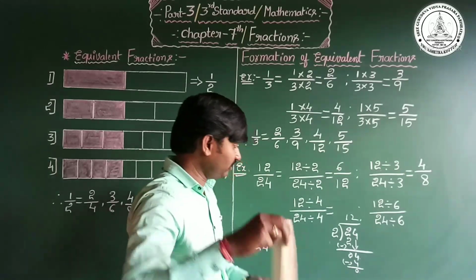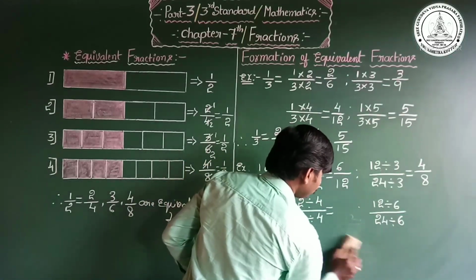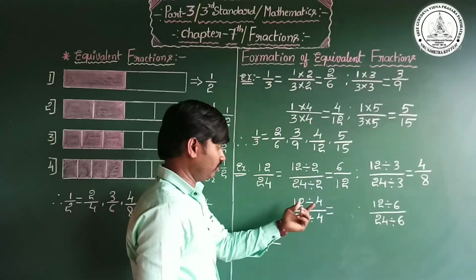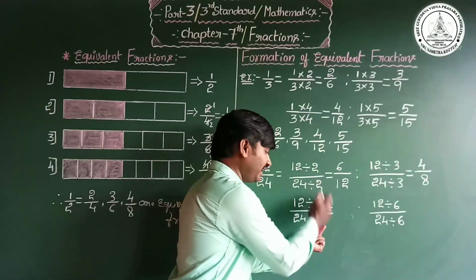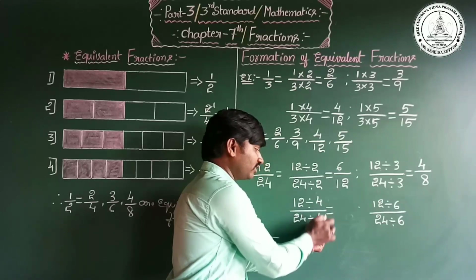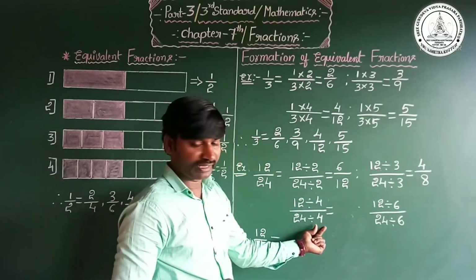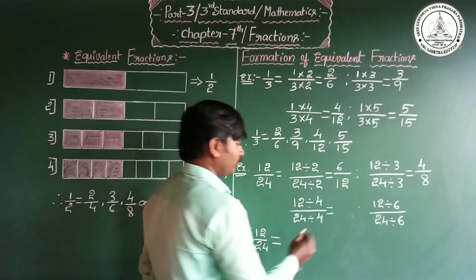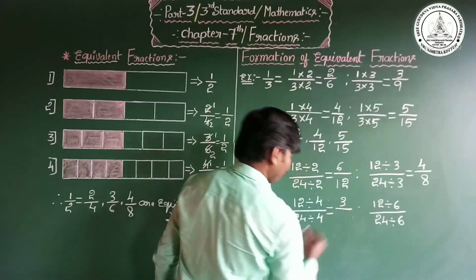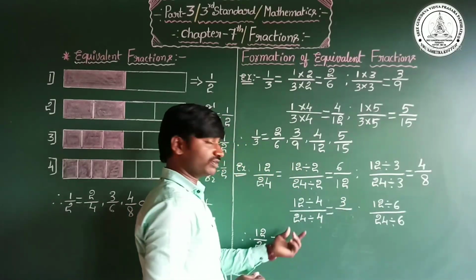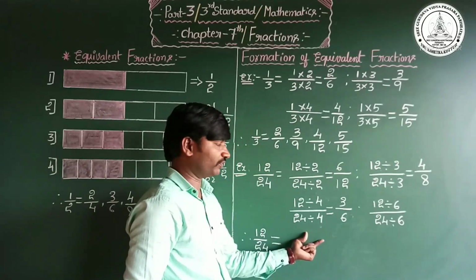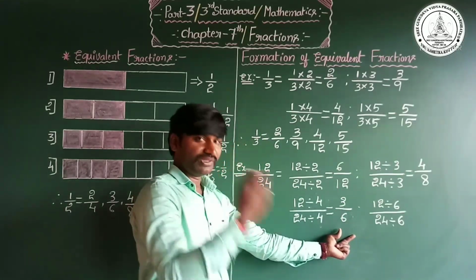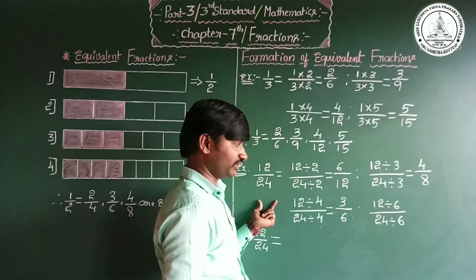The next, dear student. 12 by 24 divided by 4 by 4. You take the numerator and denominator by the same number. 4 threes are 12, and 4 sixes are 24. This is one of the equivalent fractions of 12 by 24.